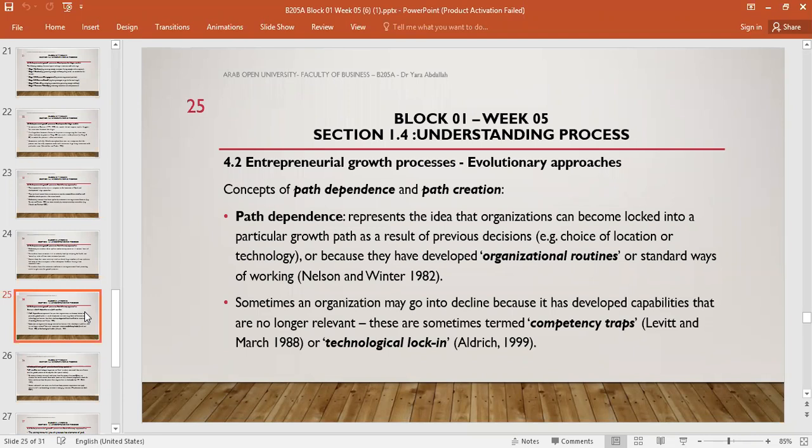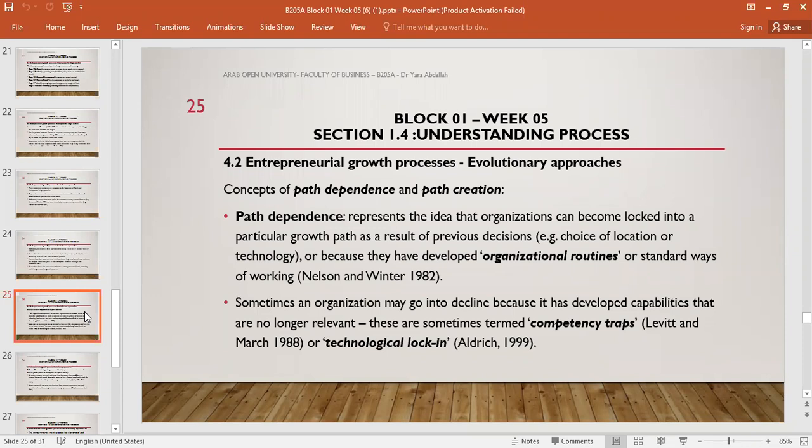I am going to use certain technology, and I'm not going to change this technology at all. This means I had locked myself into this technology. That's why we call it technological lock-in or competency trap.